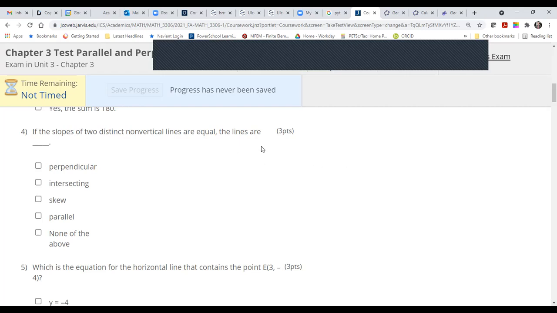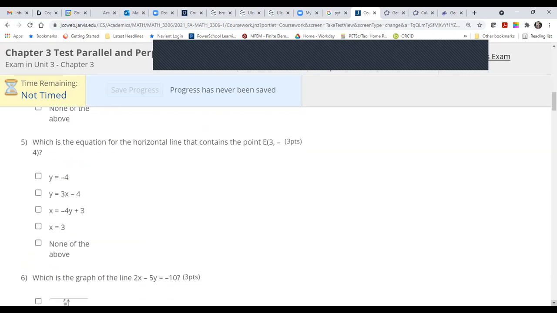So the answer should be, yeah, if the slopes are equal, so that means the lines are, you know the answer, right?